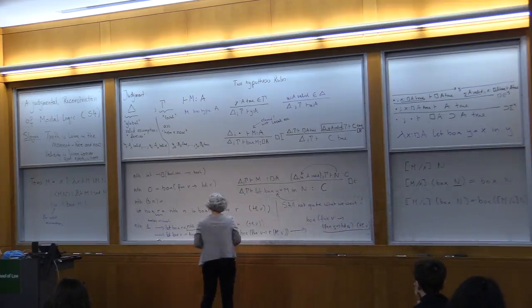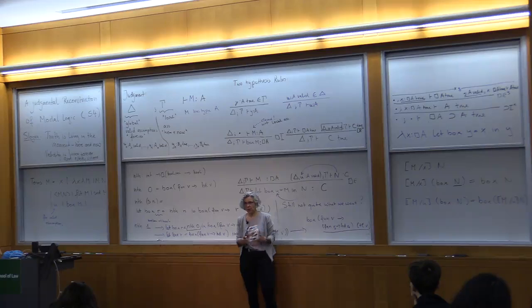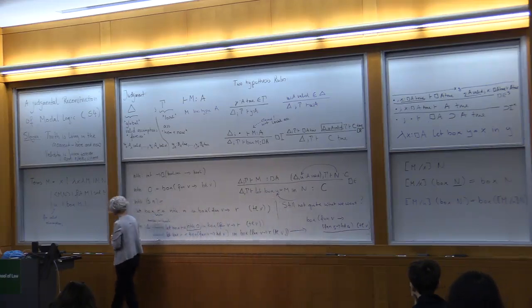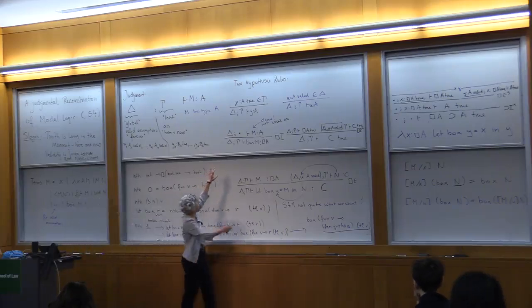And in that case, we might not be super happy with this representation. We'd like to have something that is saying head of a tail. The cause of this is essentially how we define validity and how we define box.